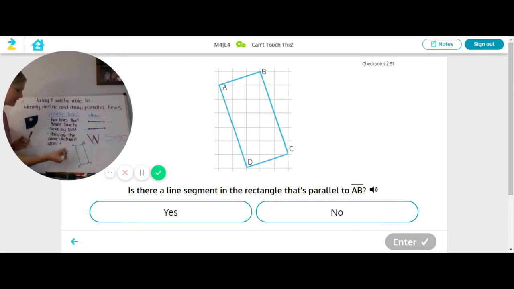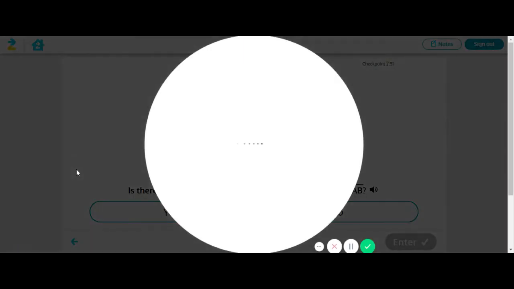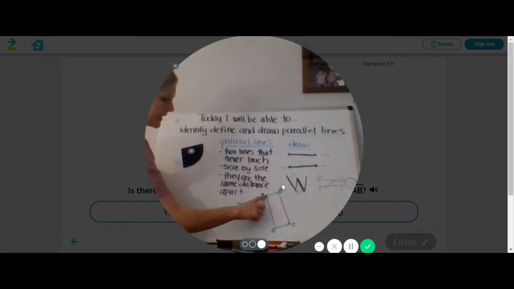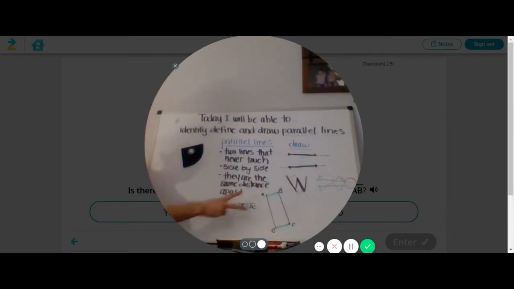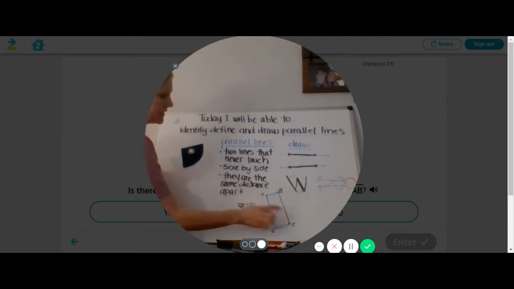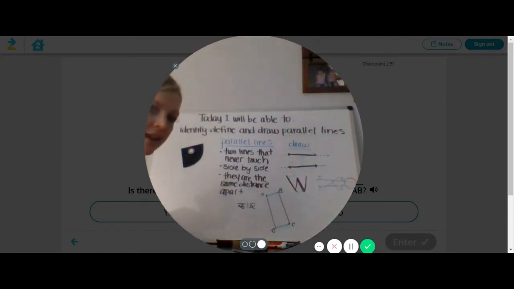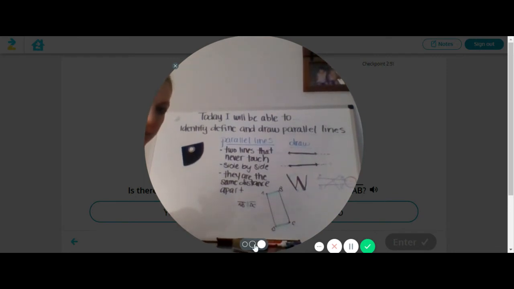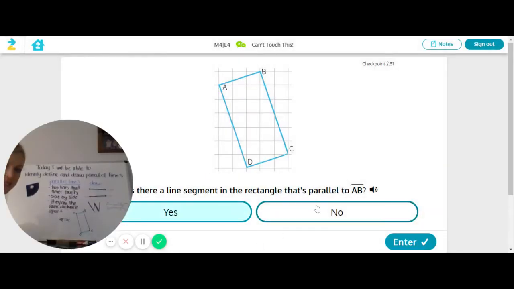So I'm going to put the symbol here of two lines for parallel. Let me zoom in on that really quick so you can see that. So I'm saying that AB, line AB, is parallel to line DC. They are the same distance apart. They are two lines that if they were to continue on would never touch, and they are side by side. So I'm going to say yes.